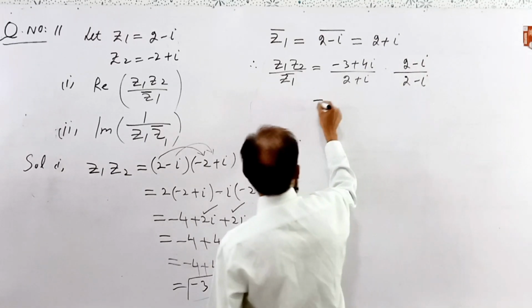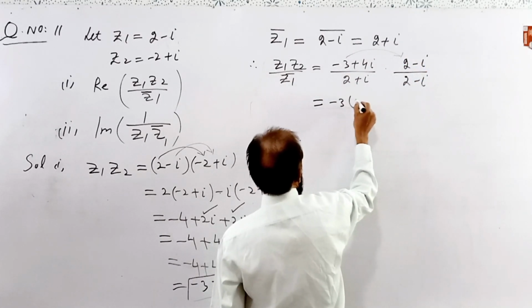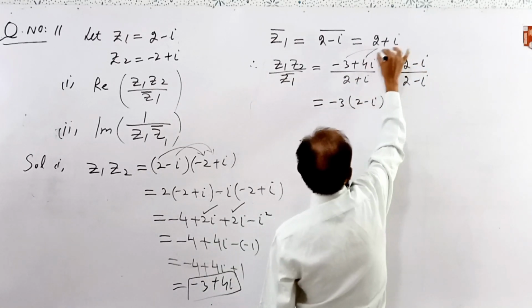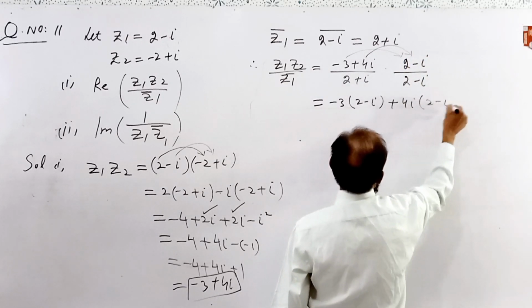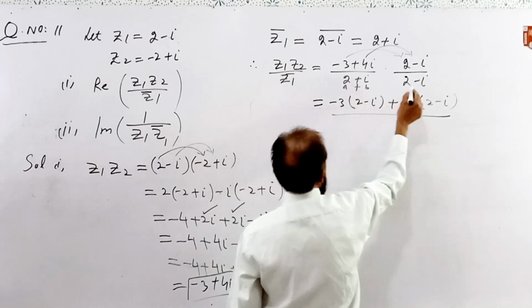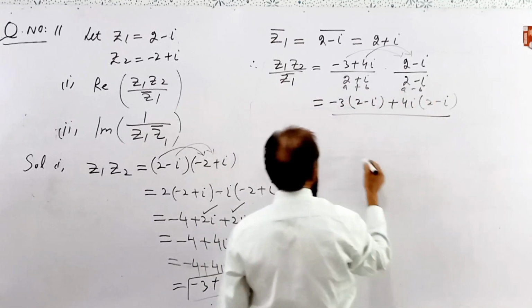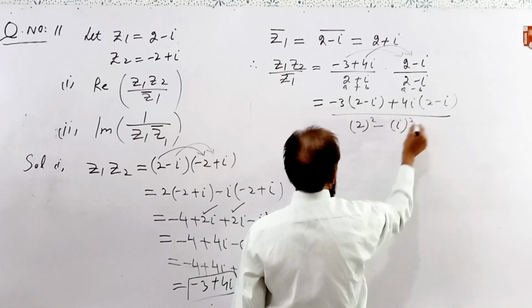So now we are multiplying the numerator to both terms: minus 3 into (2 minus iota). Similarly this term is also multiplied: plus 4 iota into (2 minus iota). And in the denominator we use the formula (a plus b)(a minus b), so 2 square minus iota square.